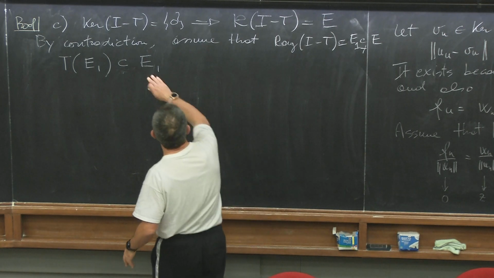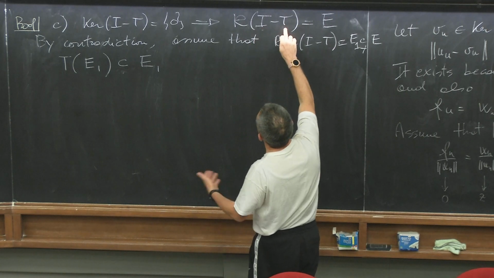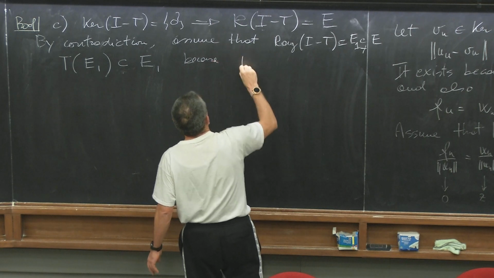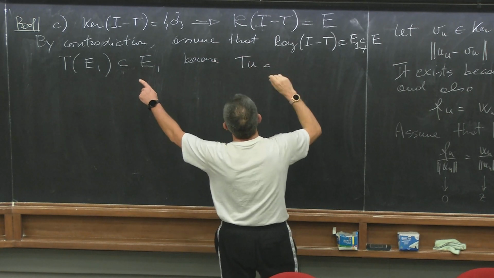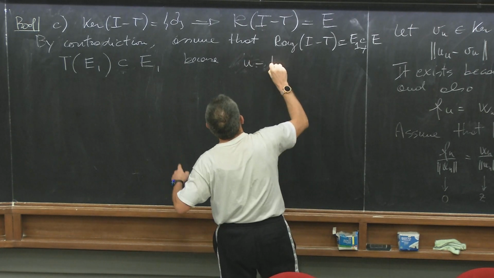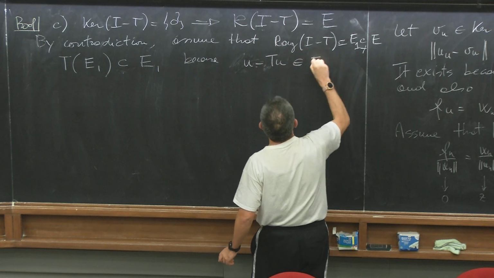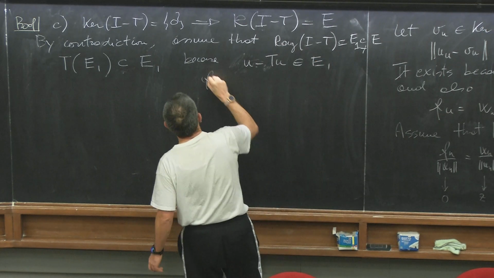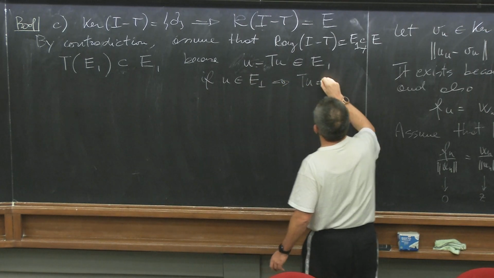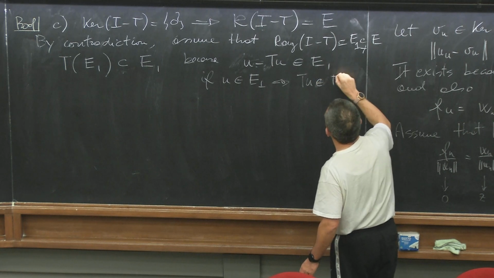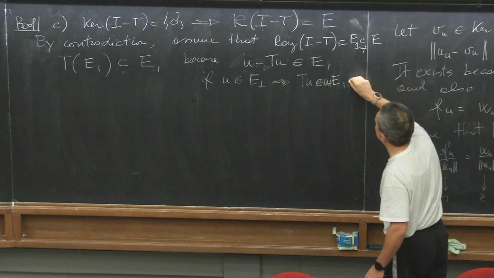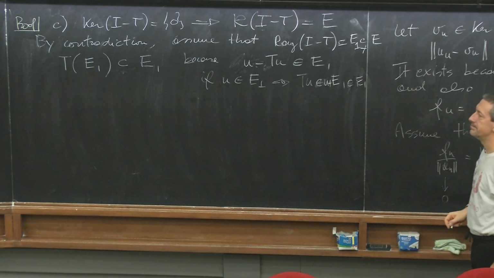Let's look at this: for any u, u minus Tu is in E1, and so if u belongs to E1, I deduce that Tu belongs to u plus E1, which is still in E1.